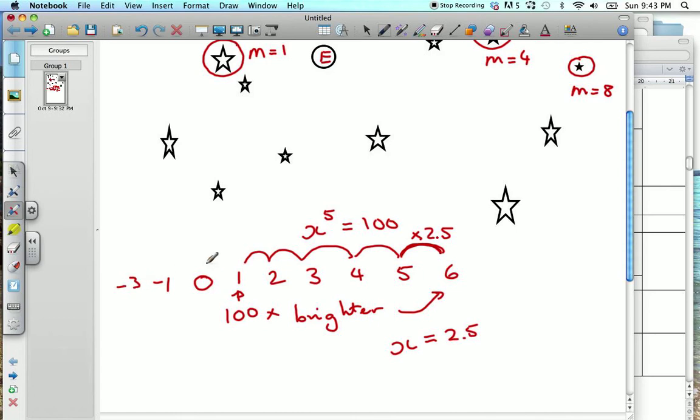Each time, a star of apparent magnitude 0 would be 2.5 times brighter than a star of 1. The sun is something like minus 26, and stars that can just be seen with a telescope go on here. So it's a bit of reverse logic here. As the numbers get bigger, the stars are actually getting dimmer.